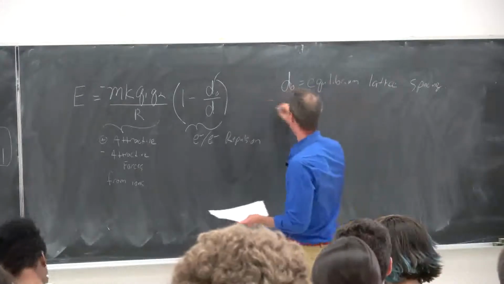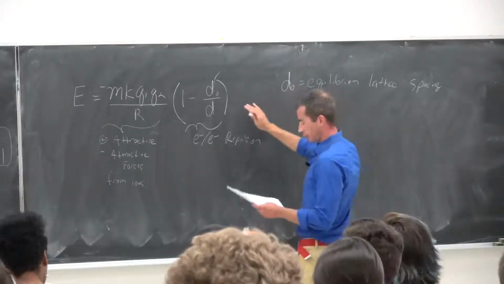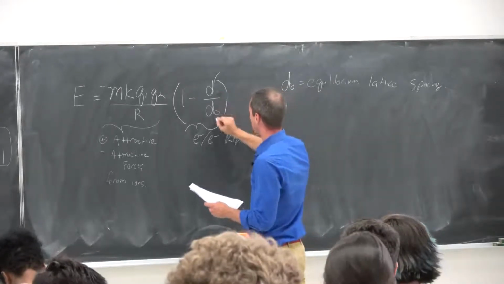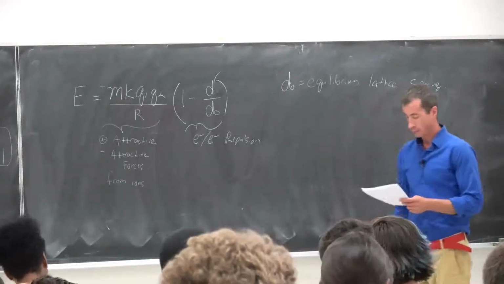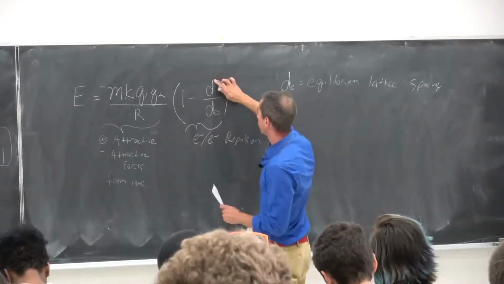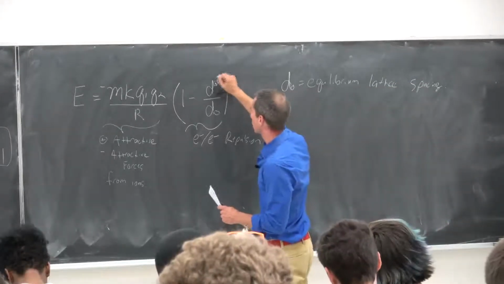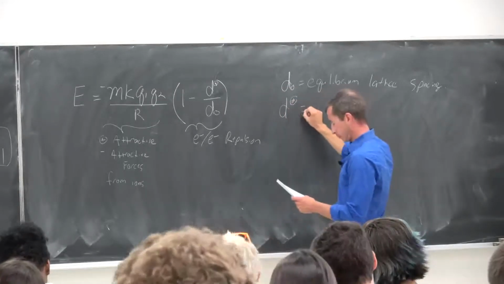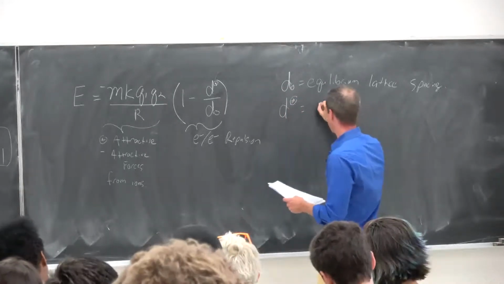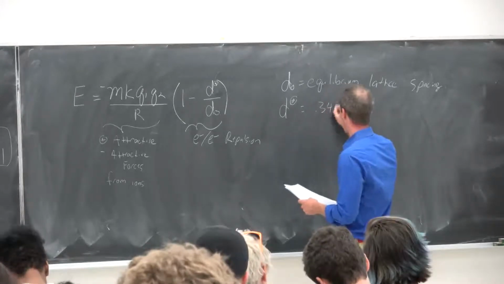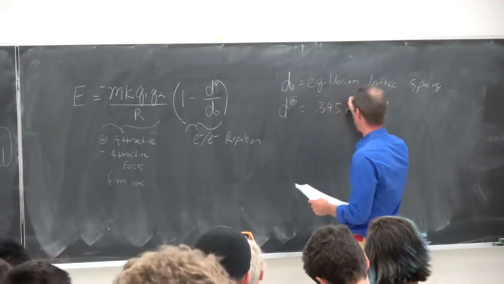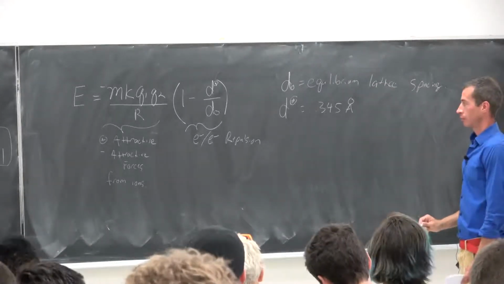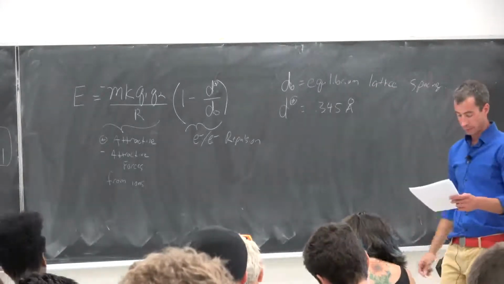This is a constant, I'm sorry, D star. And D star then is a constant of 0.345 angstroms.